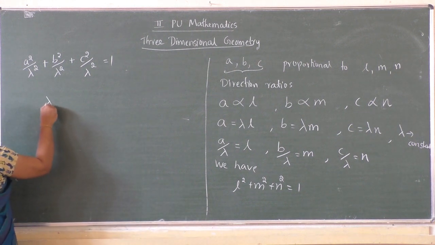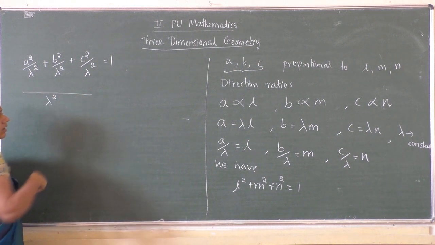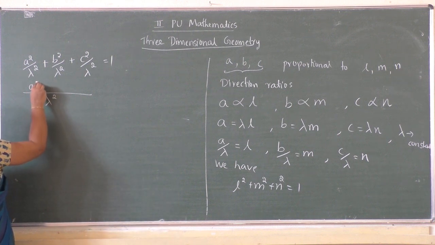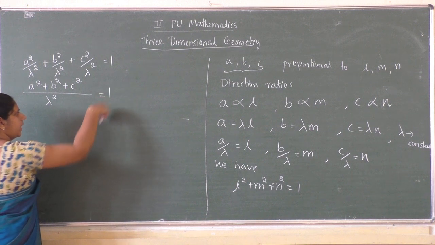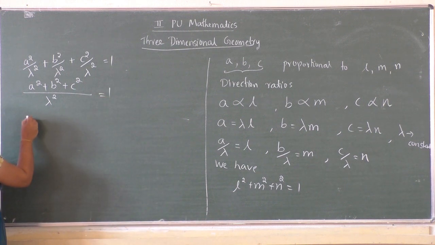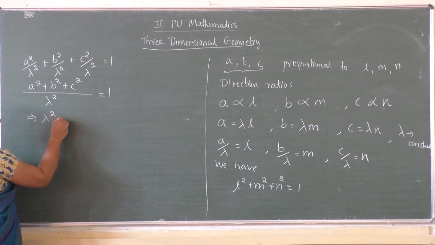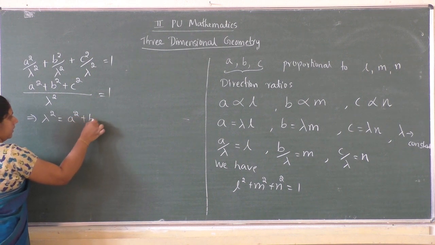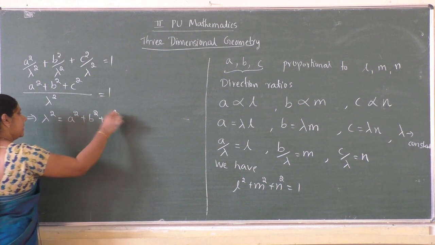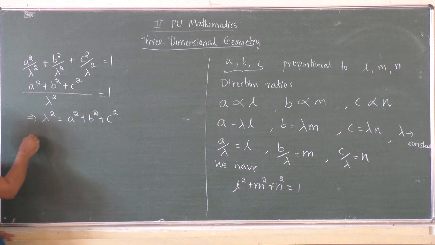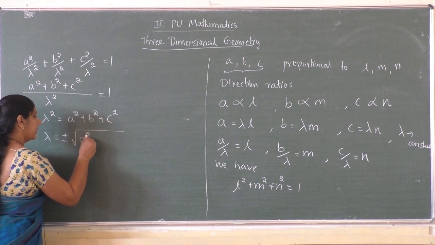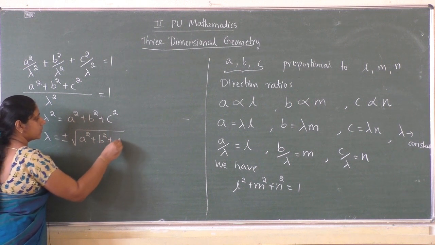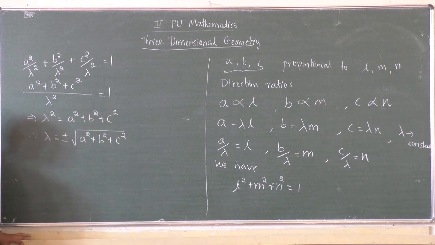What is the common denominator here? Lambda square. What about the numerator? It is A square plus B square plus C square equal to 1. That means we get lambda square as A square plus B square plus C square, so lambda is plus or minus root of A square plus B square plus C square.